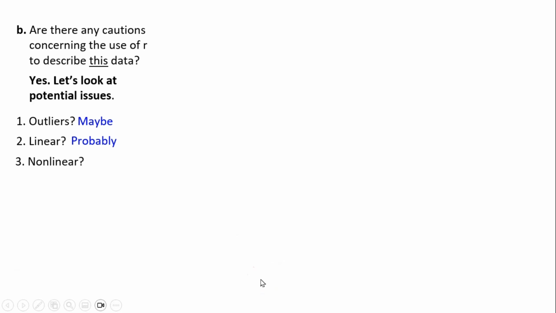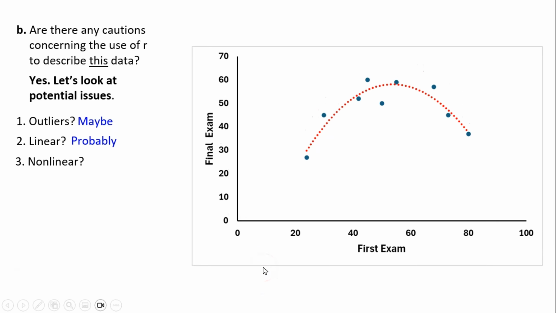The next issue then is whether it would be nonlinear, and what would that look like? Well, here's a scatter plot showing 9 or so data points if they were non-linear in nature. You can see that they curve around here, that I'm showing with my pointer, making some kind of a curve that can be represented by a curved line. This is clearly a pattern that is not linear.